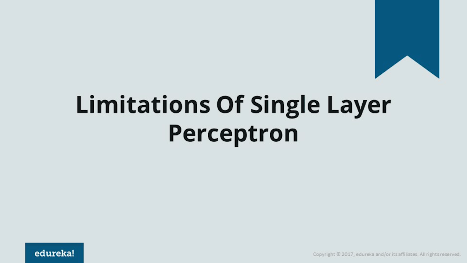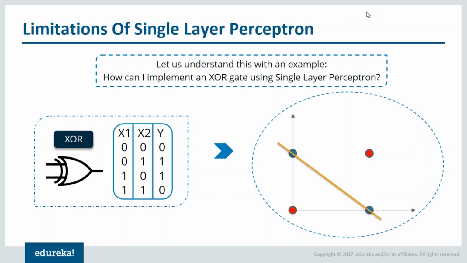Now there are certain limitations of the single layer perceptron. Let us understand that with an example. If I recall, somebody asked the question, how can we implement an XOR gate using a single layer perceptron? So let us see if we can do that or not. We have an XOR gate here, and this is the truth table. According to this truth table, if any one of the inputs is high, then the output is high.